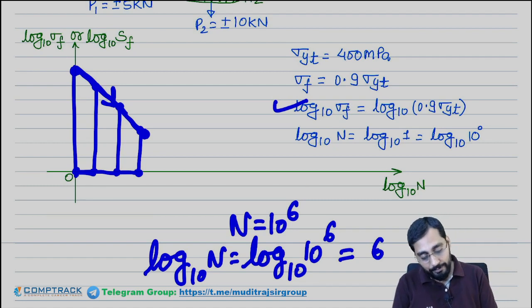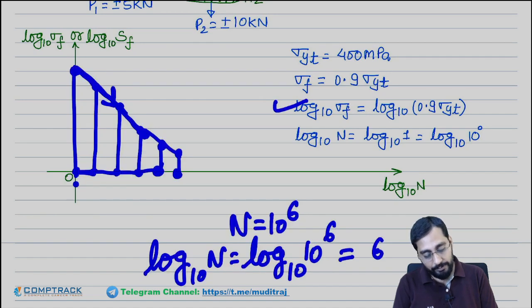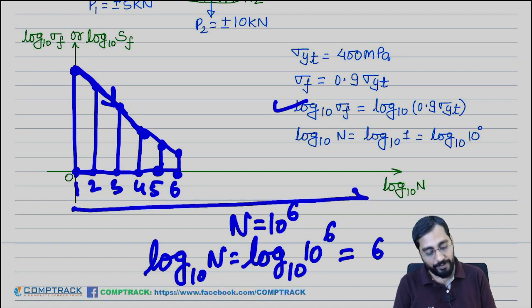So here, let's say this is 5 and this is 6. So 1, 2, 3, 4, 5, 6. On this axis 1, 2, 3, 4, 5, 6 will be written. Okay. This is 10 to the power 0, so 10 to the power 0 means one cycle will be here.